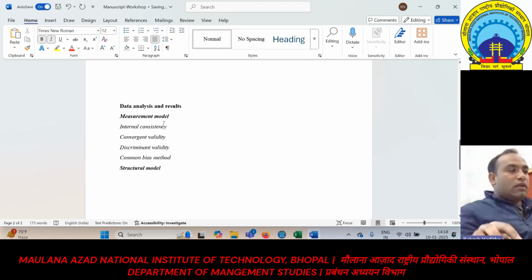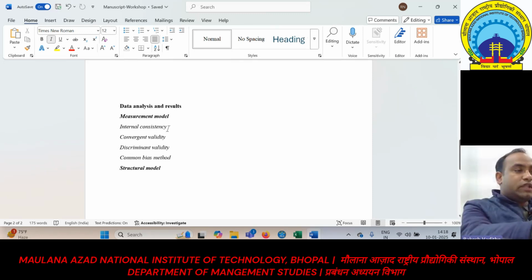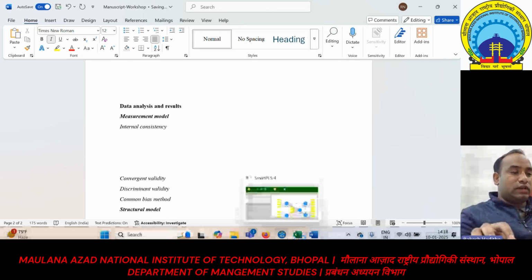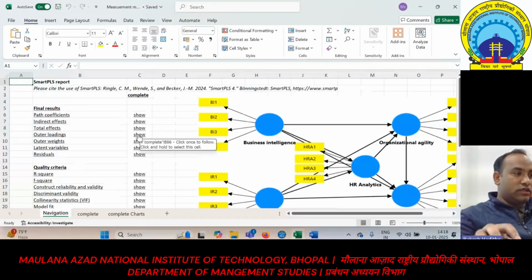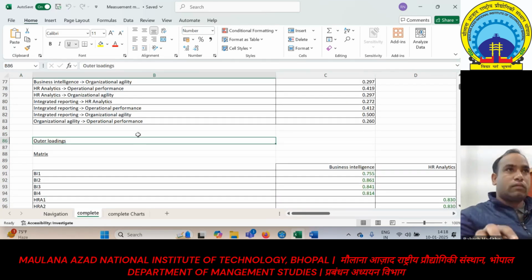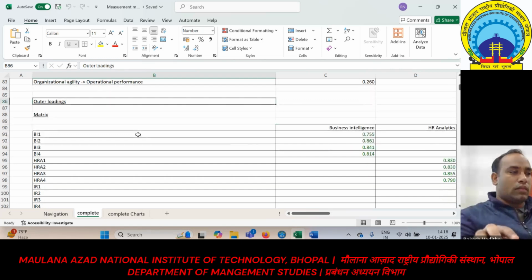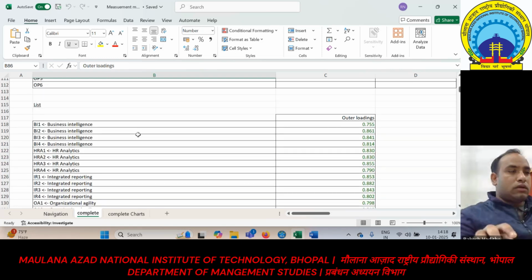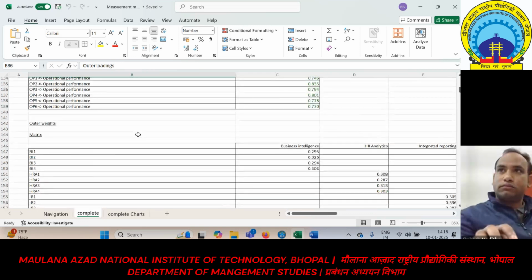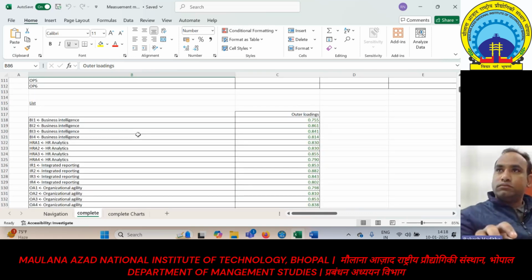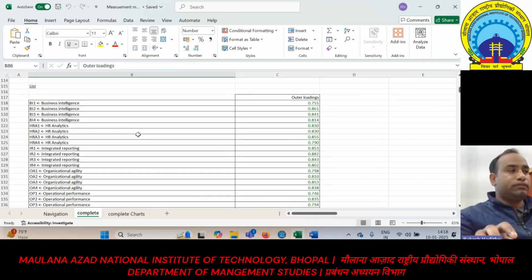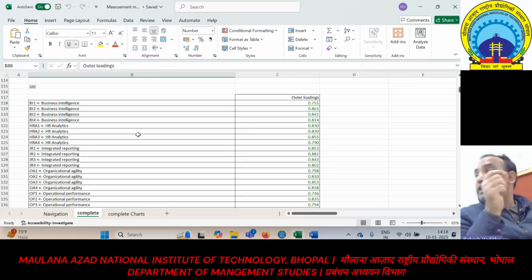From this report, we can draw the conclusions for internal consistency, convergent validity, discriminant validity, and common method bias. Then from this report, how we will draw the internal consistency: go to outer loadings, click on show button. Here you see the outer loadings of that particular item.